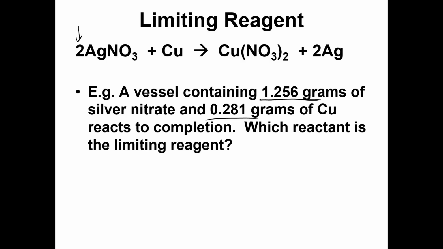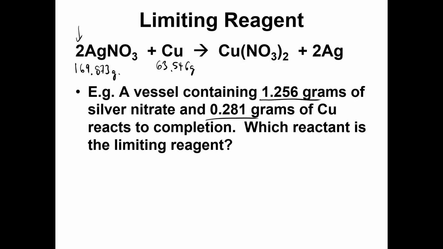So first of all, we're going to write down the molecular weights of these reagents so we can convert grams to moles. Copper, straight from the periodic table, is 63.546 grams. Silver nitrate, if I calculate it, is 169.873 grams.